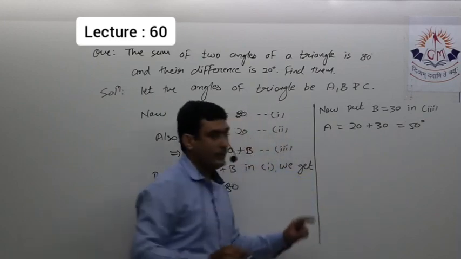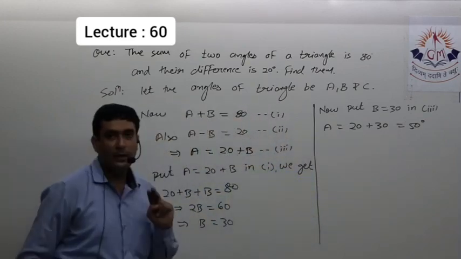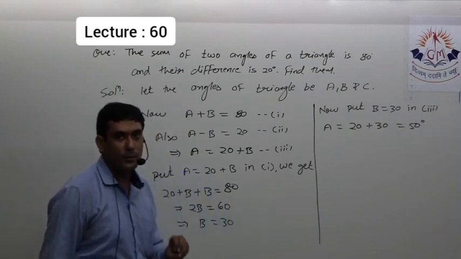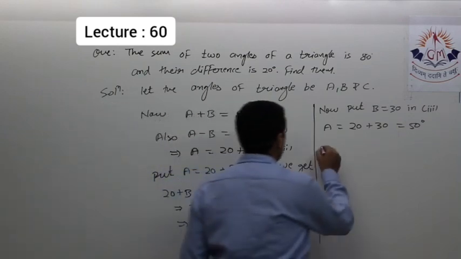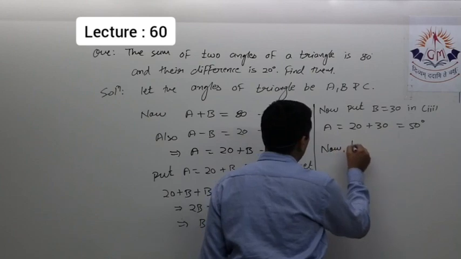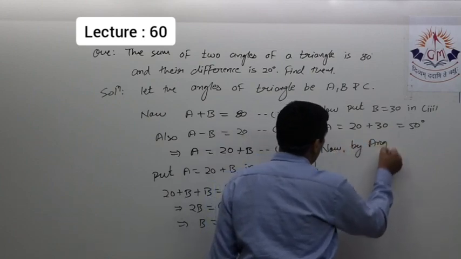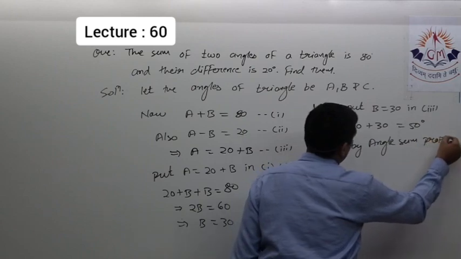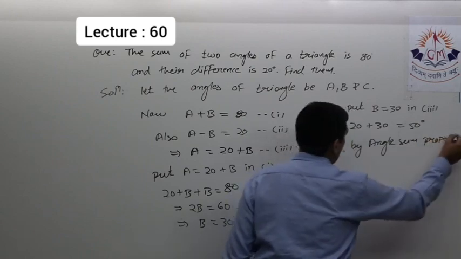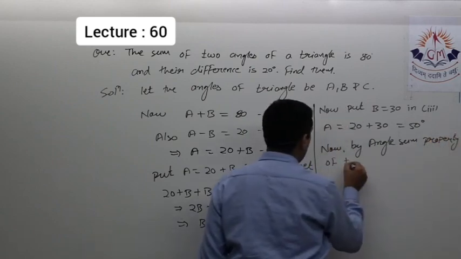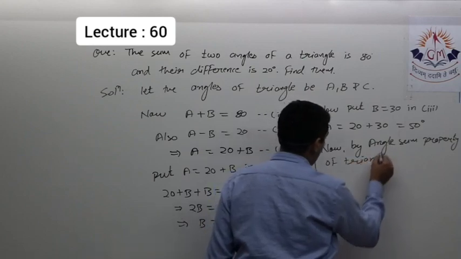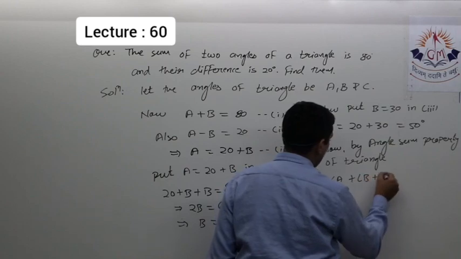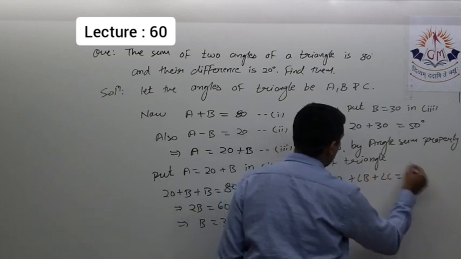Now I have the measure of A, I have the measure of B. So by applying the angle sum property of triangle, I will be able to get the measure of remaining angle. I can say angle A plus angle B plus angle C is equal to 180 degree.